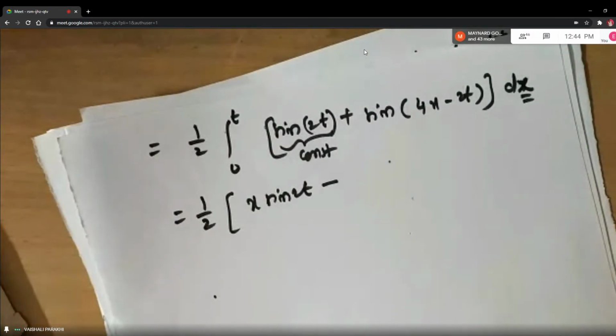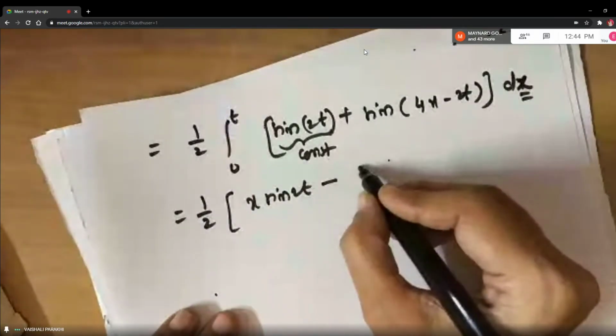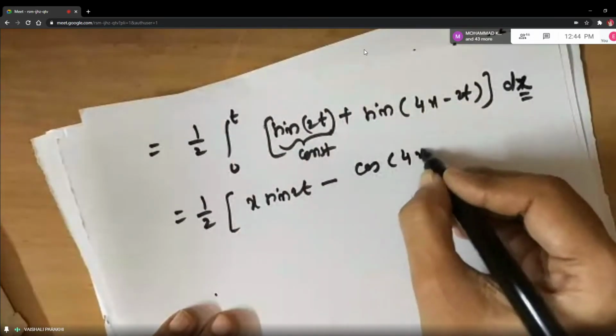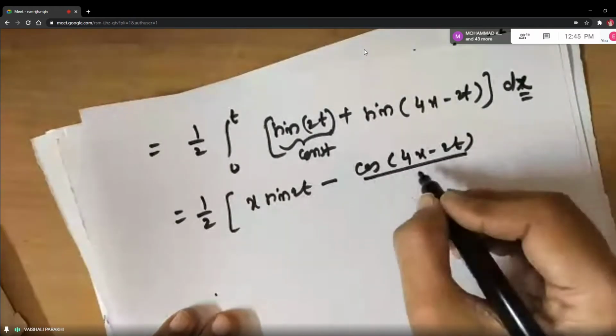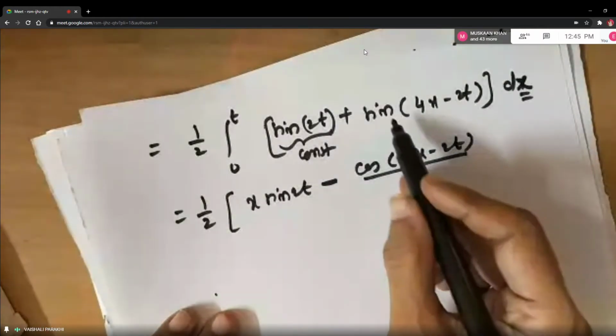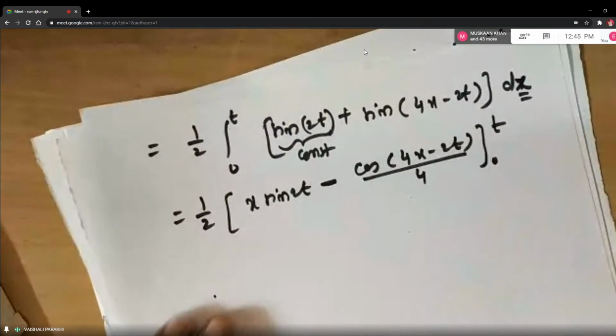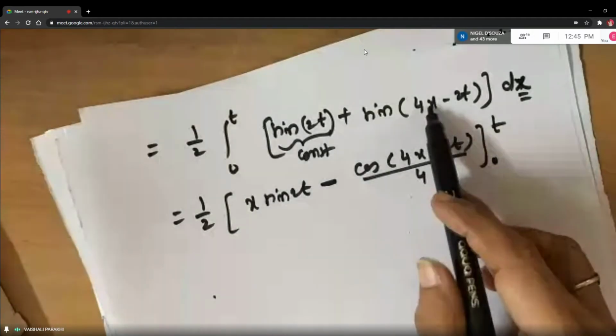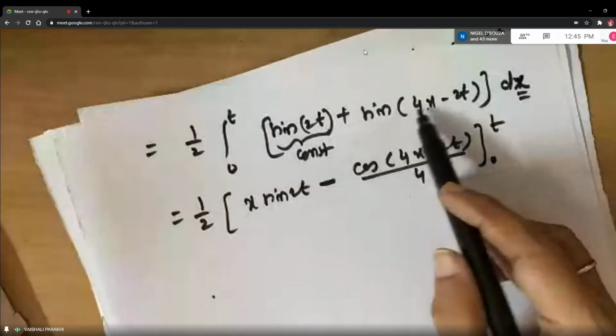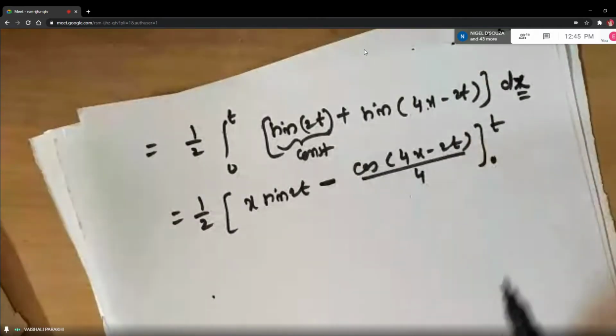Cos 4x minus 2t by 4. Very good. Minus, right? Yes, because the integral of sine is minus. So see, students, the integral of sine is minus cos of the bracket divided by the coefficient of the variable. Here the variable is x, and the coefficient of x is 4.